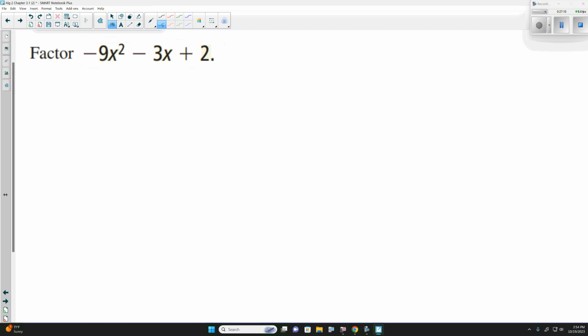Let's look at this one here. Is there a greatest common factor? No. But we can still pull that negative 1 out, which will turn it from negative 9x squared to positive 9x squared. Turn it from negative 3x to positive 3x. And turn it from positive 2 to negative 2.